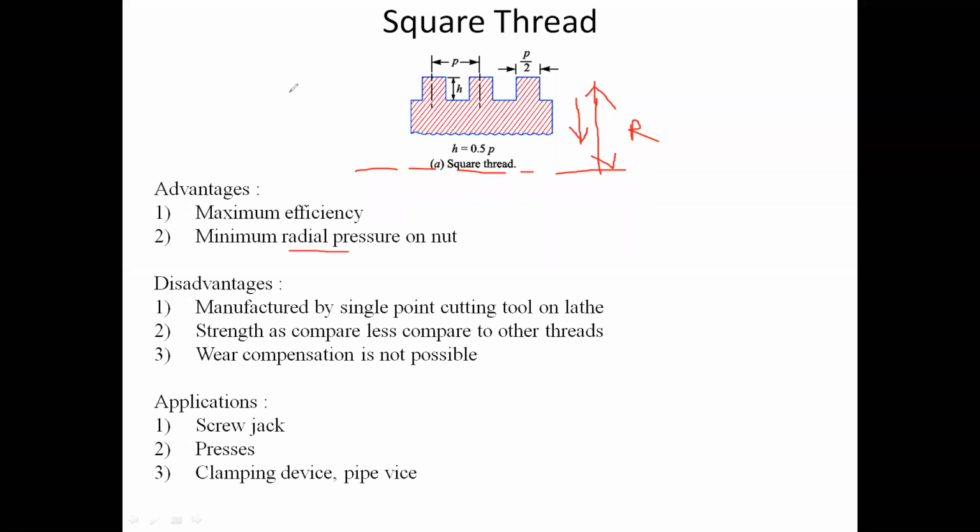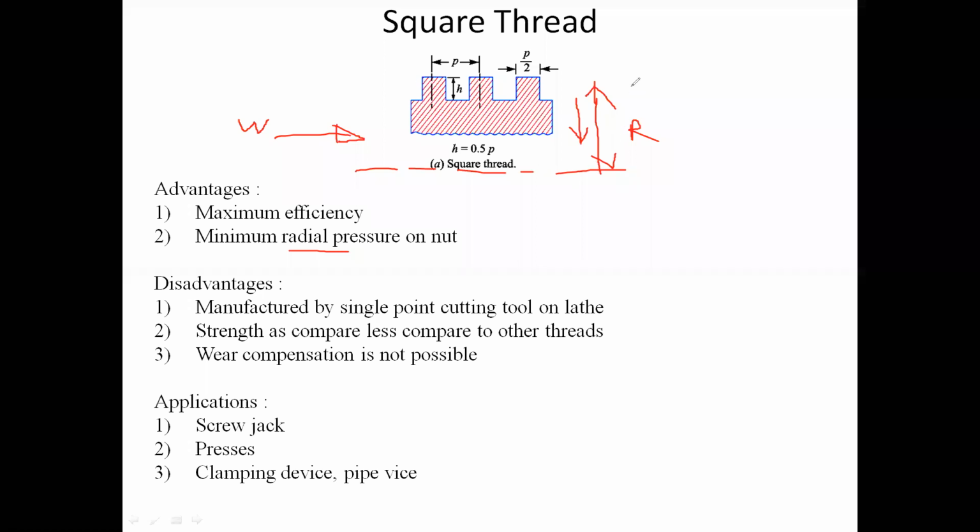But when this square thread is used as a power screw, the load is along this direction. So radial pressure is very minimum, because whatever load is coming, it comes on the flat surface.